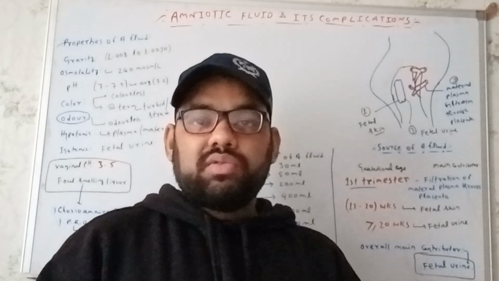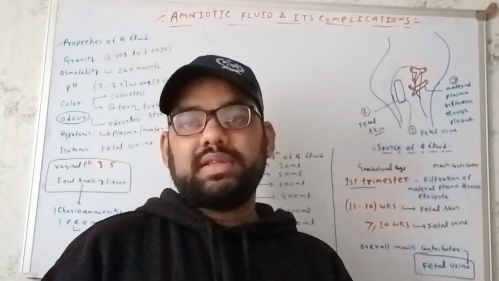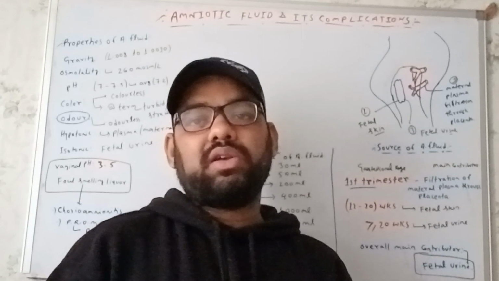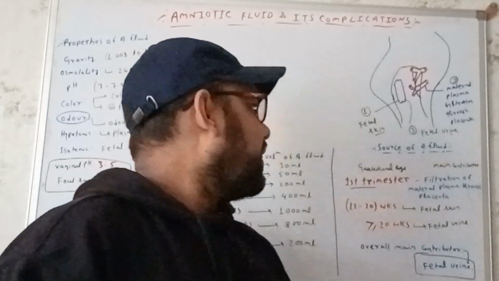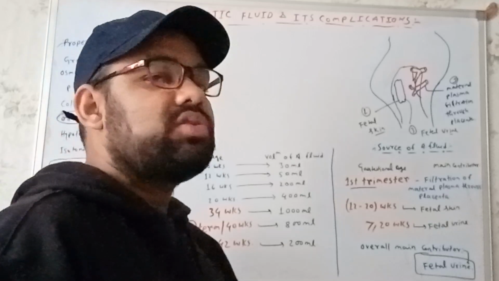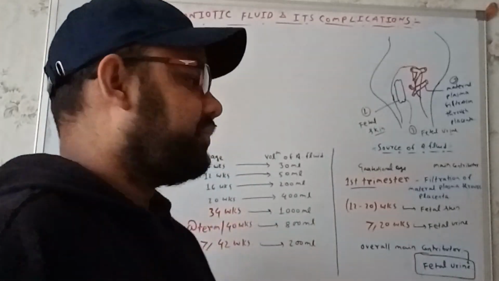Instead of that, if we see a small placenta, there will be fewer blood vessels, so less filtration, so ultimately the amniotic fluid will also be less, right? So let's talk about those conditions where we get to see the large placenta and small placenta.